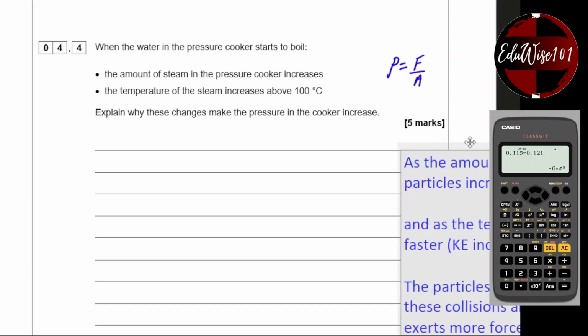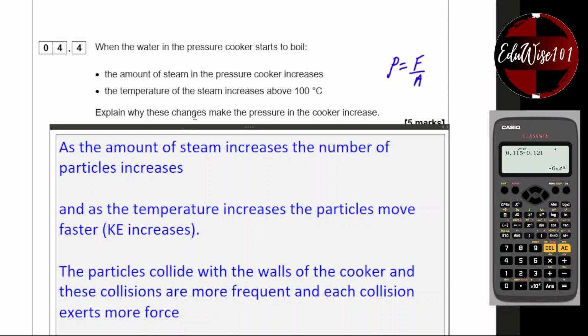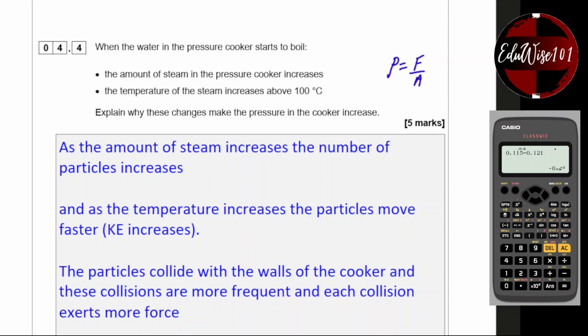So here's the answer. As the amount of steam increases, the number of particles increases. And as the temperature increases, the particles move faster, which is kinetic energy increases.